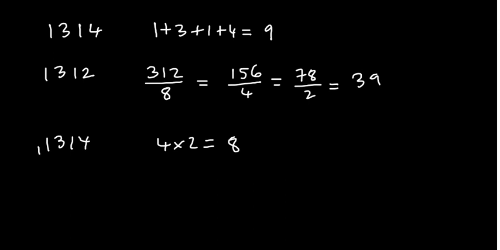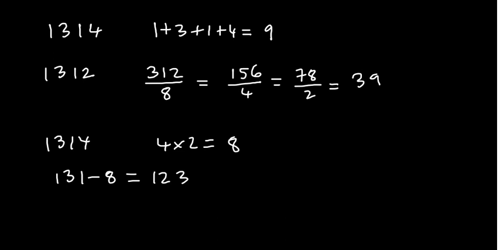And then you just subtract that from the remaining part of the number, which is 131. So that would give 123. And then you would simply check if this number is divisible by 7. So 123 isn't divisible by 7.